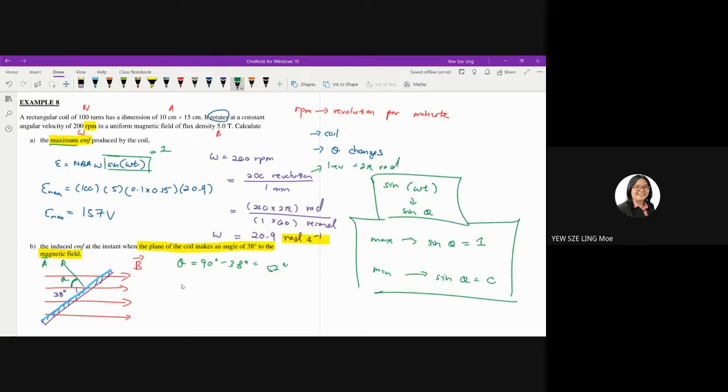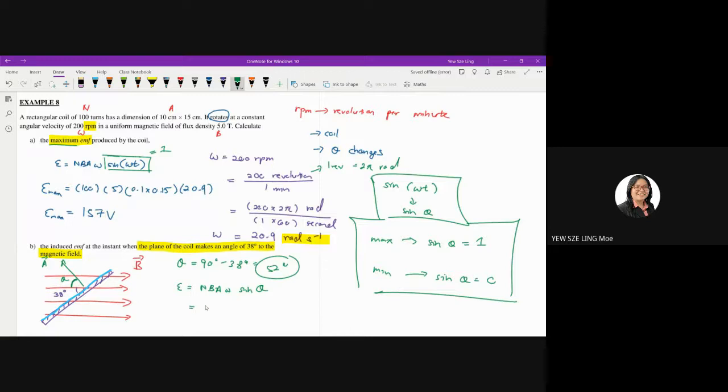So now I can calculate EMF equals NBAω sin θ. This time I'm not going to use ωt, I'm going to use the angle, because what I have right now is the angle in degrees, 52 degrees.